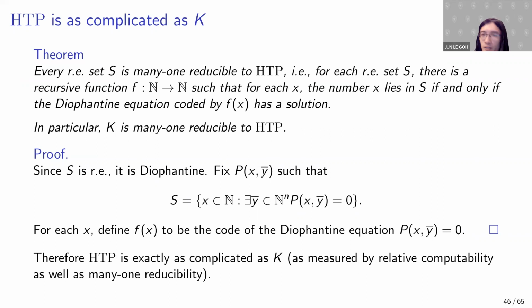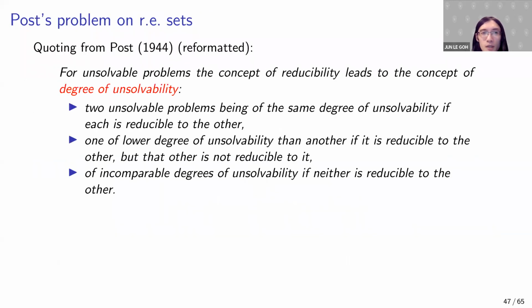But going back to 1940, around the time when the foundations of recursion theory were being laid, and one of the people responsible for that was Post. And in a very influential paper in 1944, Post had said the following. I'm going to quote from his paper here, but with some reformatting and some paraphrasing.